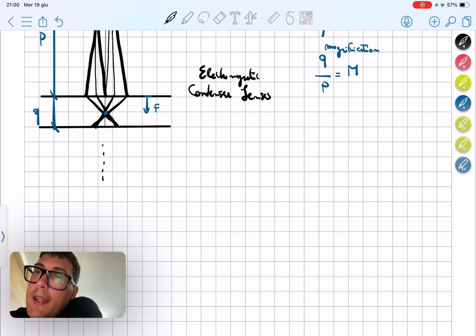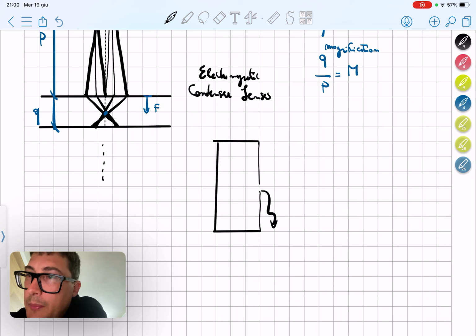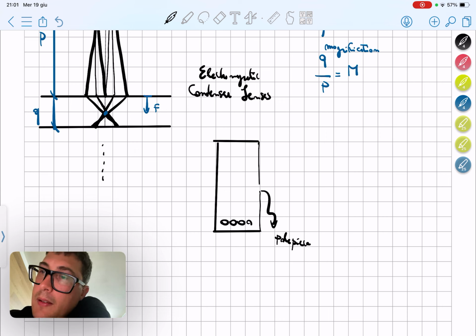So we can depict it as a metallic shield with an aperture, a pole piece. This is the pole piece. Inside this metallic element, there are a lot of wires.